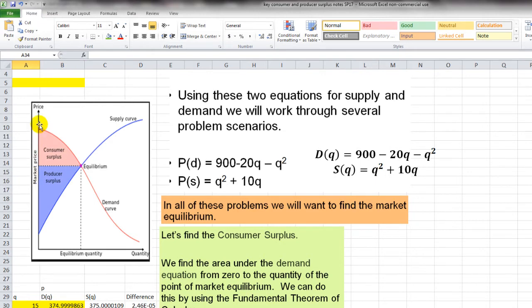And then the next thing I need to do is find the area under the consumer surplus from 0 to Q bar. So that's setting up an FTC. You can type in 15, or you can just hit equals and click on your Q. Okay, so this is going to be the antiderivative of demand, which would be 900 times Q minus 20 times Q squared divided by 2 minus 1 times Q cubed divided by 3.